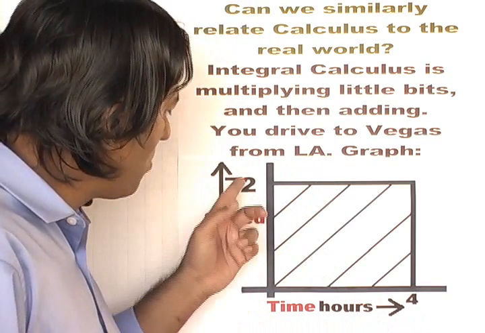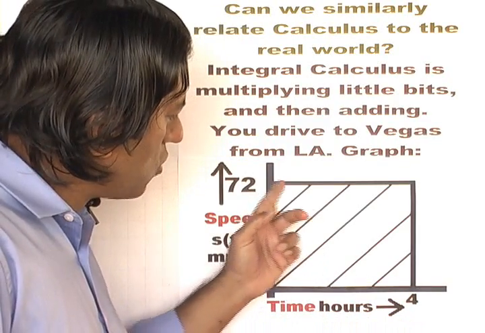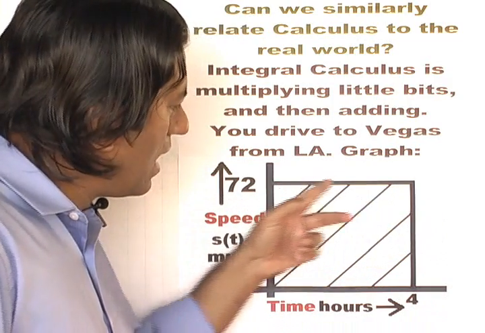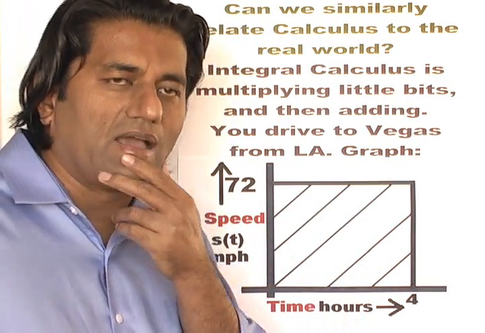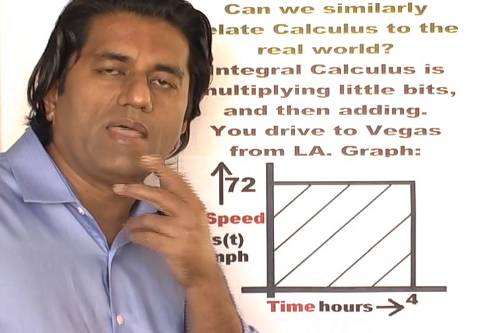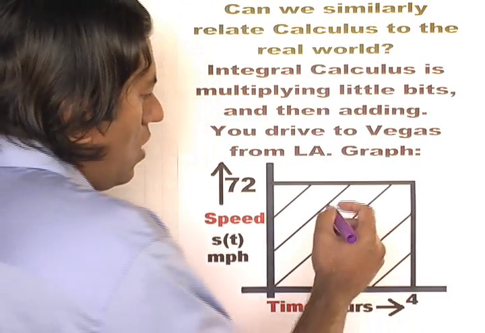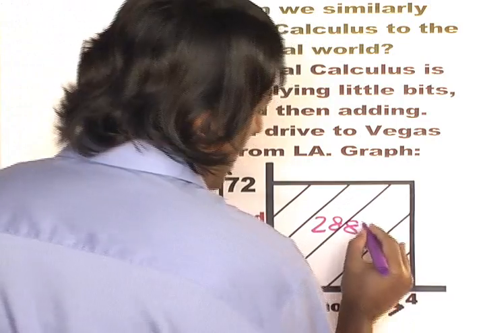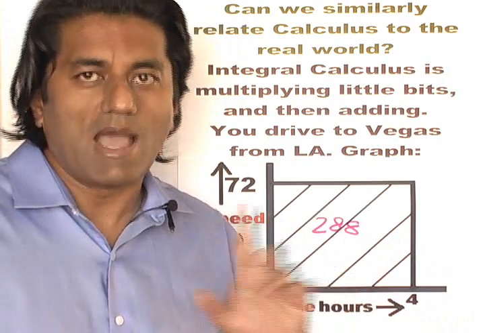So I say, okay, your speed is 72 and you took 4 hours. So this is your plot of your speed versus time. And then I say, okay, 4 hours at 72 means you traveled a total of 72 times 4, or 288 miles.